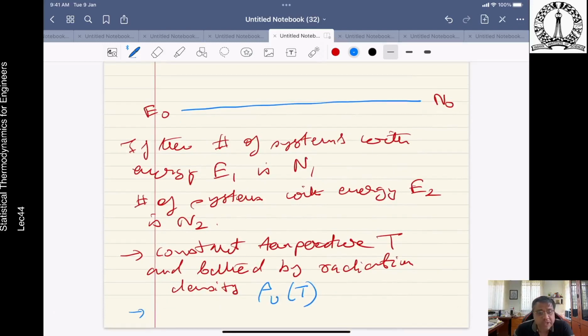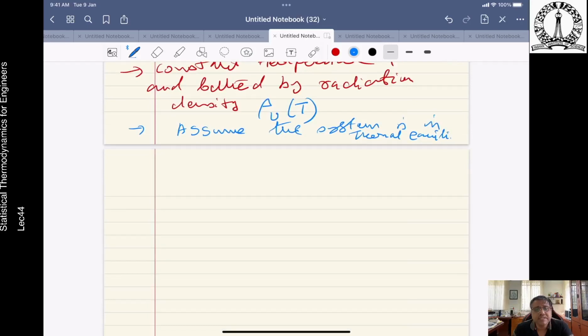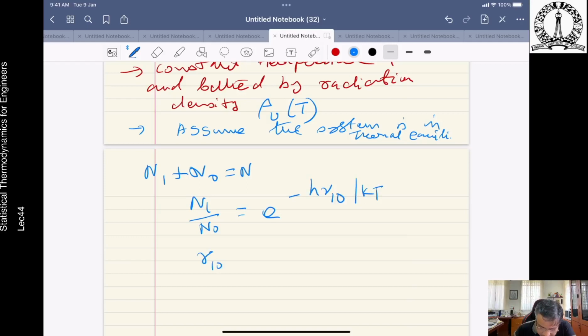Let's assume that this system is in thermal equilibrium, and the populations N1 plus N0 is equal to N. They are related, N1 by N0 equals e to the power minus h nu 10 by kT, where h nu 10 is nothing but E1 minus E0.